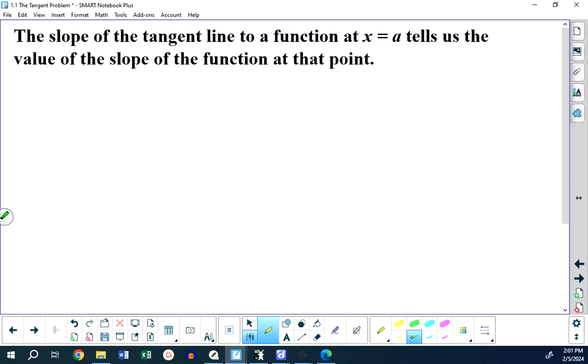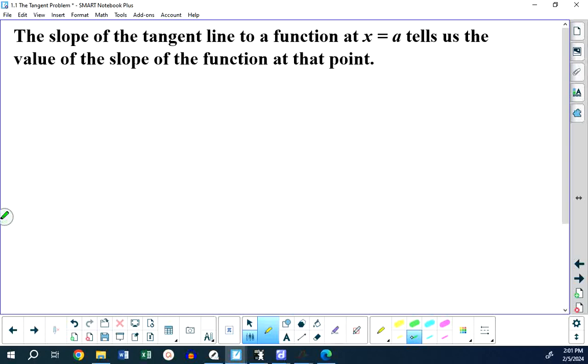But, and this is so subtle, you might read this and go, man, he has just typed out the same thing twice. I haven't. The slope of a tangent line to the function at x equals some number. The slope of the line is the same as the slope of the function at that point. There are two different slopes we're talking about here.